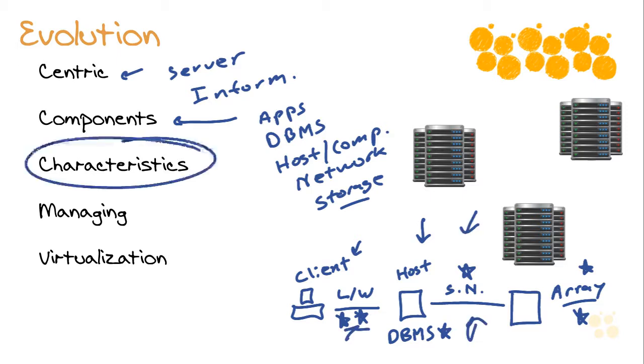So, one of our goals should be to have all of this stuff configured in such a way that it meets key characteristics in our network environment. And these characteristics include availability. Is the stuff there? How often is it there?